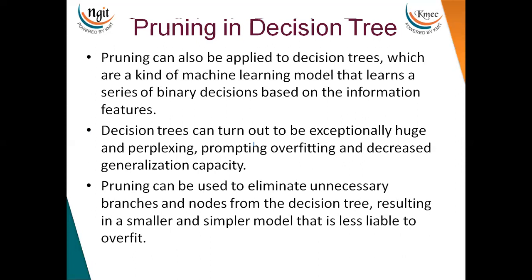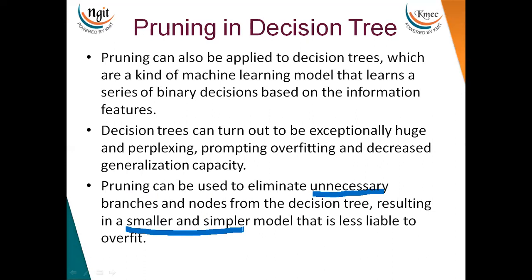Now, generally our decision tree is a binary tree. But if it has multi-class classification, then it may overfit and it will lose its generalization capacity. So pruning eliminates unnecessary branches or nodes from the decision tree, resulting in a smaller and simpler model that is less liable to overfit.